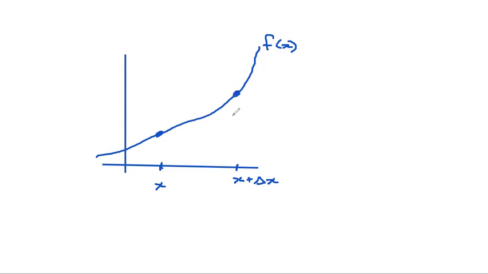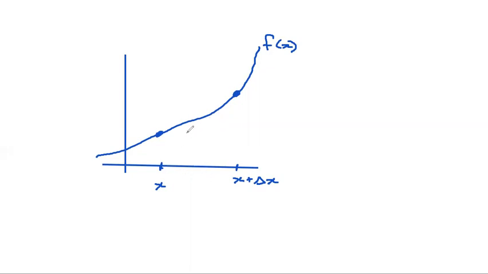Way back when we looked at our graphs and we drew your standard function, we had some kind of function that went like this, and that was f of x. There's a point x down here, and that had a y value as well. And we said, what if we're off a little bit and we're way over here? So this is x plus delta x over here, and of course it also has a y value somewhere up here.